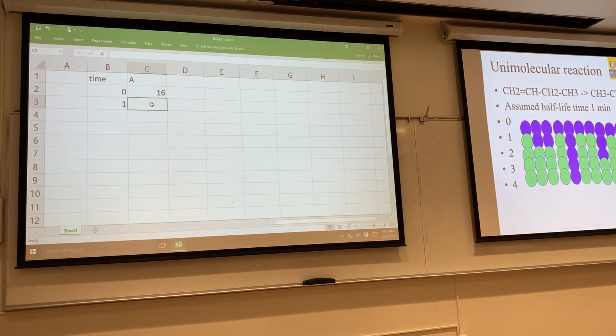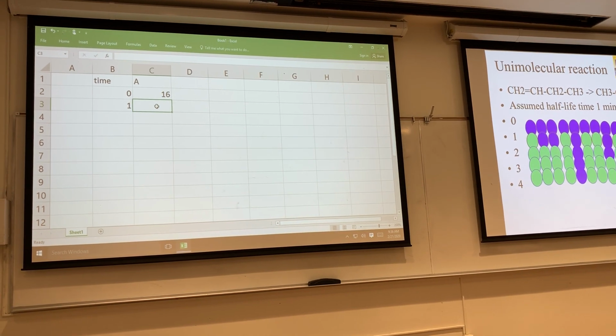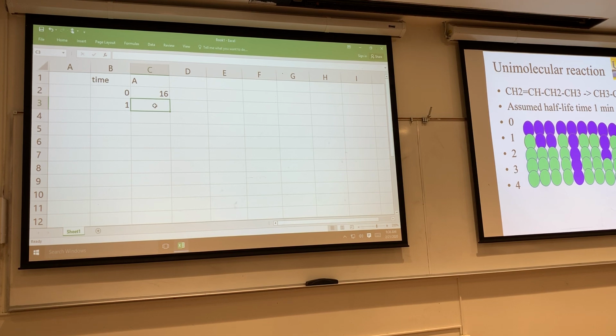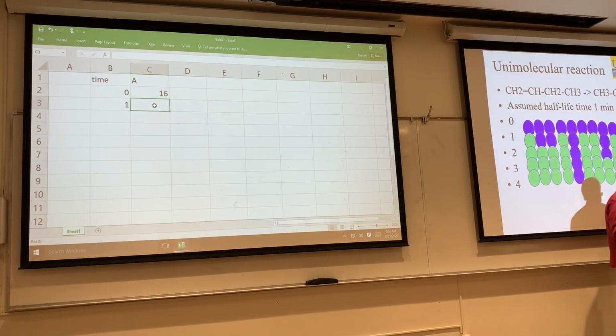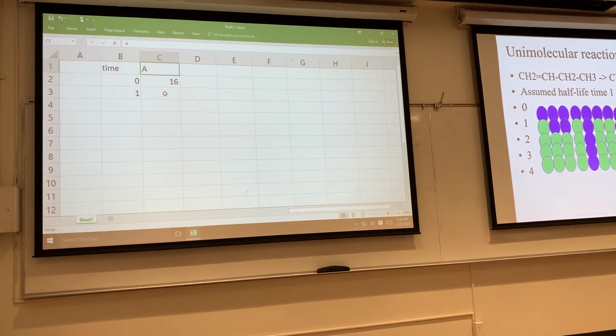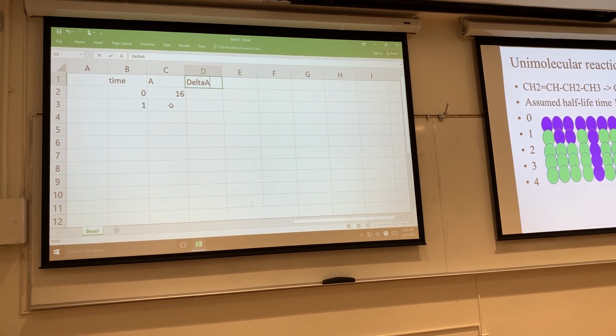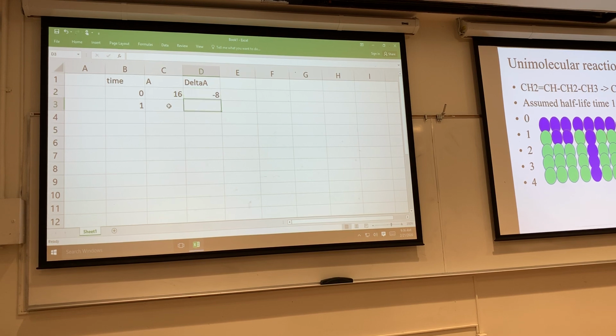Now if I wait until the time of 1 minute, how many molecules will have decomposed? If 1 minute is the half-life of those molecules, each molecule has a 50% chance to decompose within a minute, then half of them will have decomposed. So it is minus 8, correct? So how many molecules are left?